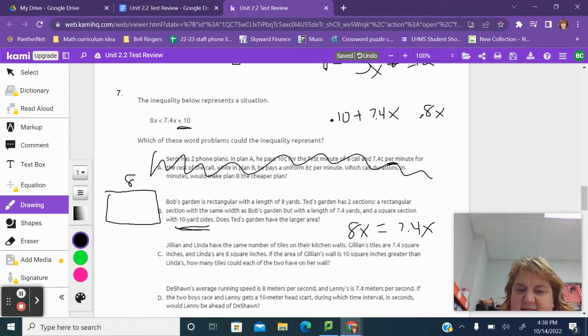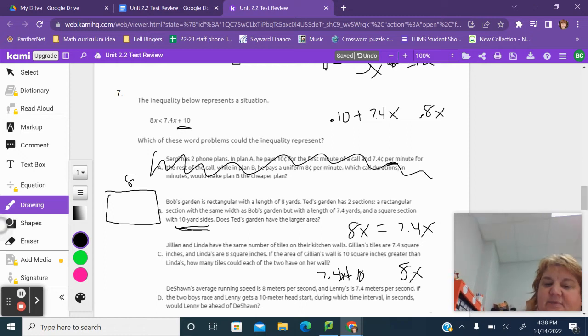Jillian and Linda have the same number of tiles in their kitchen. Jillian's tiles are 7.4. Linda's are 8. If the area of Jillian's wall is 10 square inches greater than Linda's, yes, this would work.